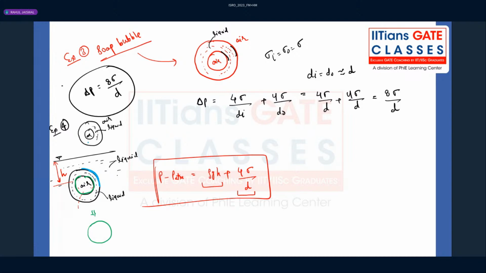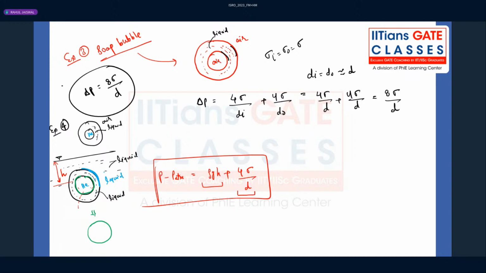Even if you place helium, or whatever we call air, let me place it here, helium. Now helium will be there, but this liquid and this liquid are miscible with each other. Whenever they are miscible, no surface tension will be produced.